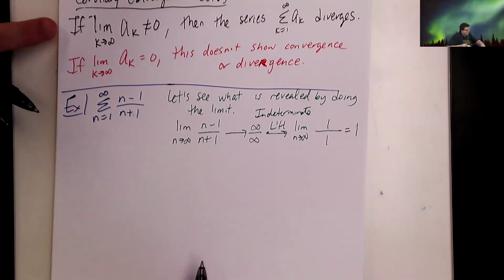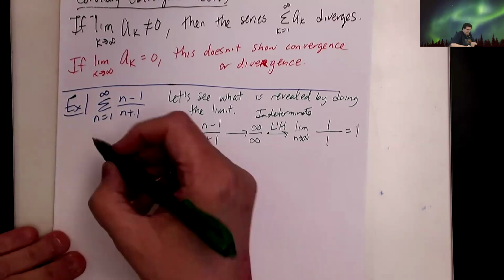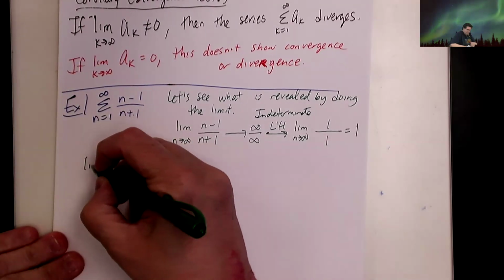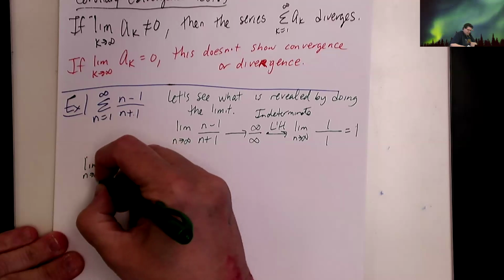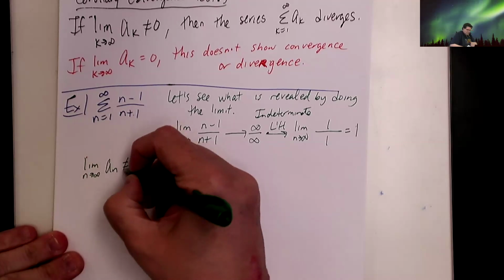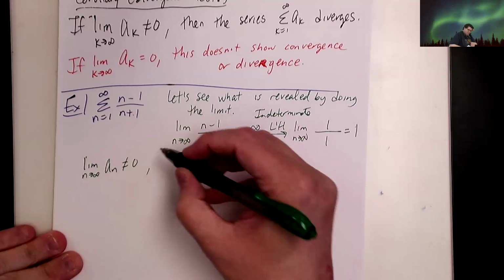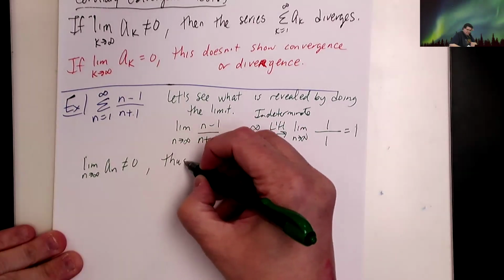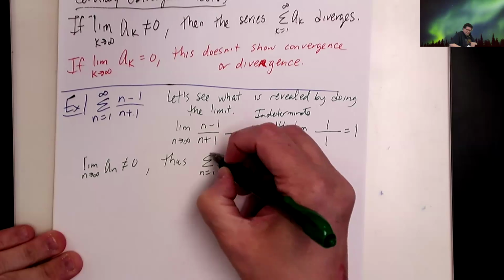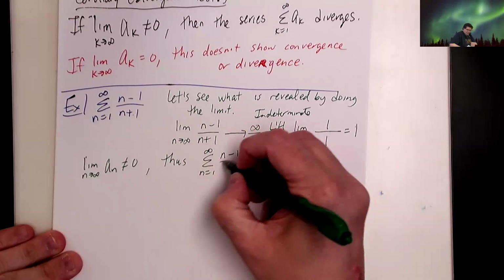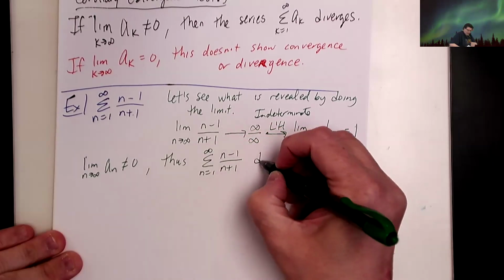And that falls under the first half. The limit as n goes to infinity of a sub n does not equal 0. Thus, the sum from n equals 1 to infinity of n minus 1 over n plus 1 diverges.